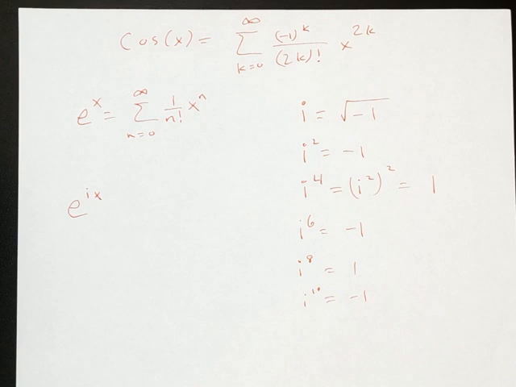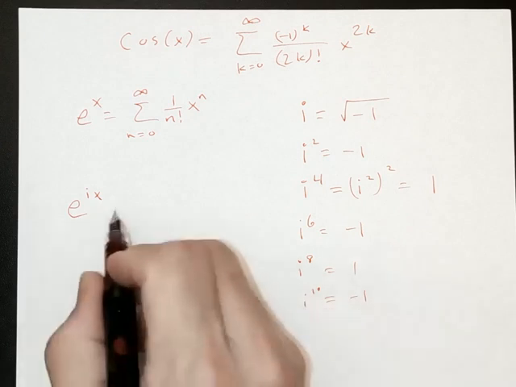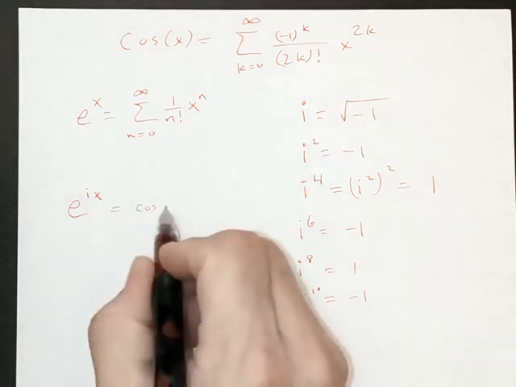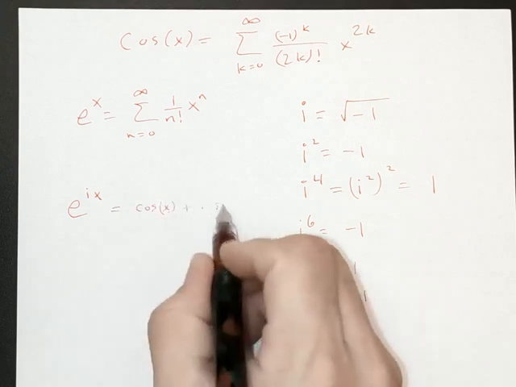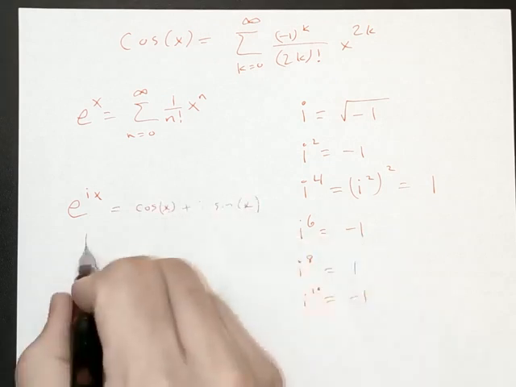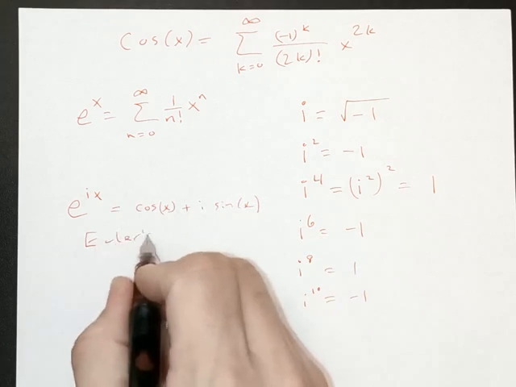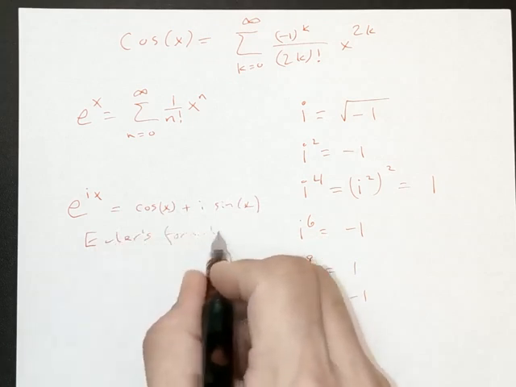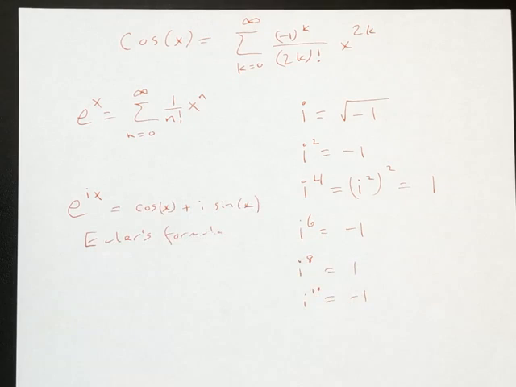And when i is to an odd power, I'll have one extra i left over. So all of the odd powers will have an extra i, and all of the even powers will have no more i's. They'll just be plus or minus 1. With a lot of rearranging, I end up with this.